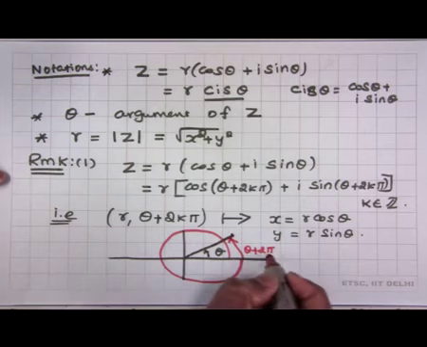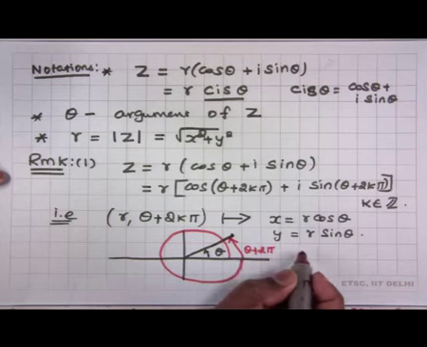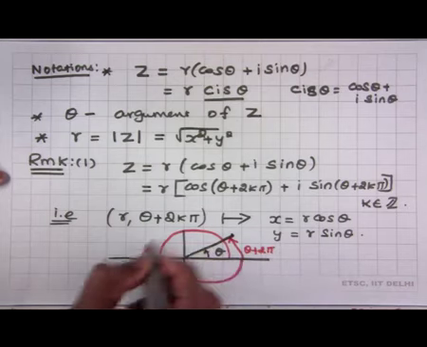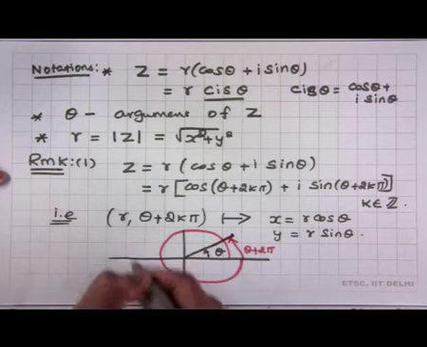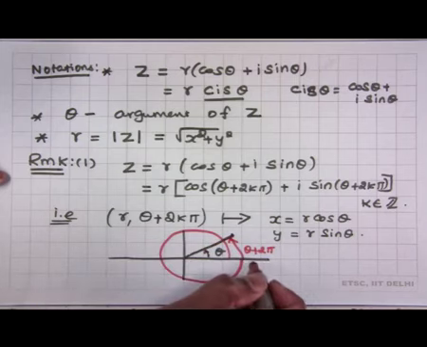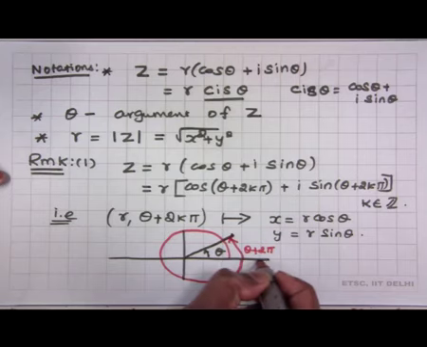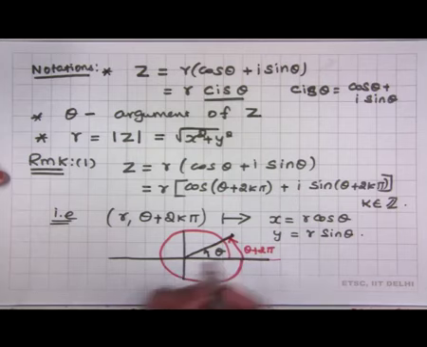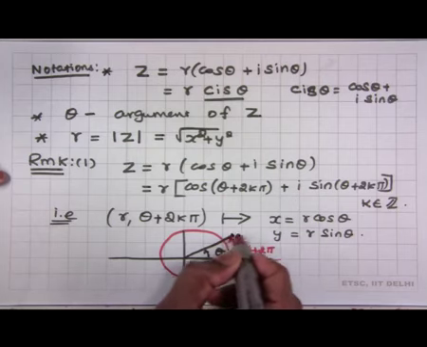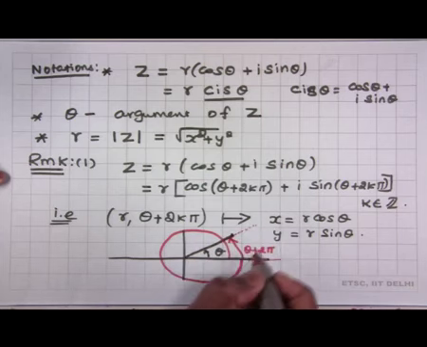Similarly, for any k multiples of 2 pi with k a positive integer, we go around by 2 pi multiples, come back to the initial line, and then add this angle theta. So geometrically it represents the same line if we take theta plus 2k pi.